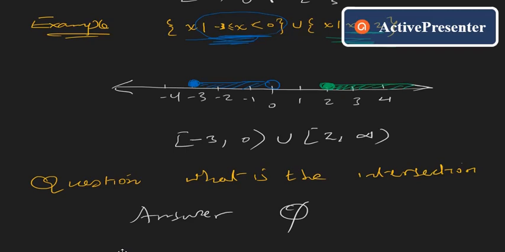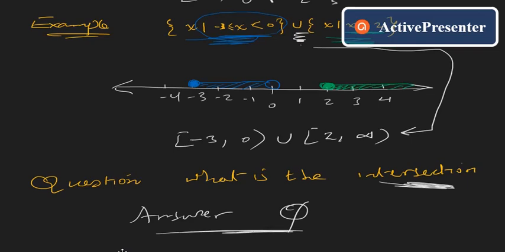So the union of these two sets is here, and if it is asked again what is the intersection of these two sets, the answer is phi. That is, the set of x in which x is greater than or equal to minus 3 and less than 0, intersection with the set of x such that x is greater than or equal to 2, equals phi.